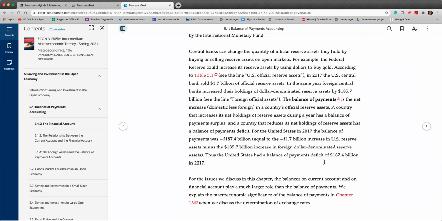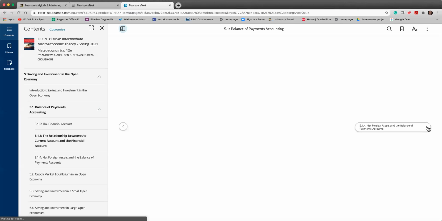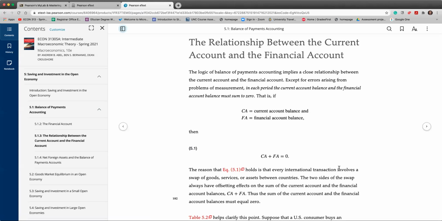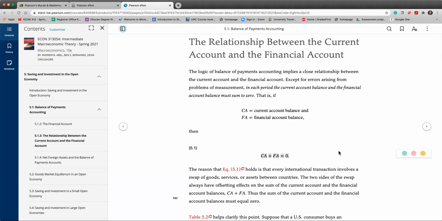All right, now, it's useful to think about that in particular in this subsection, because what's got to be true is that the two accounts have to balance out. That's why it's called the balance of payments. It's a balance account.